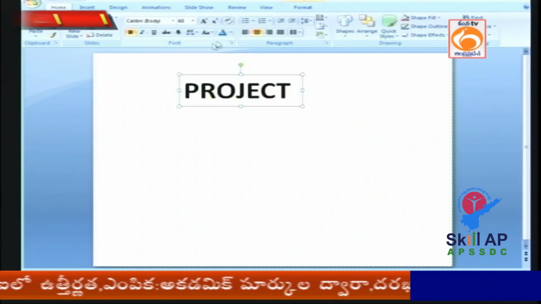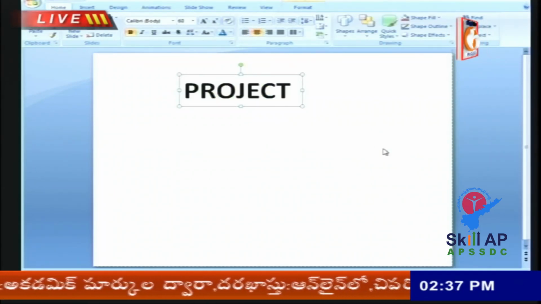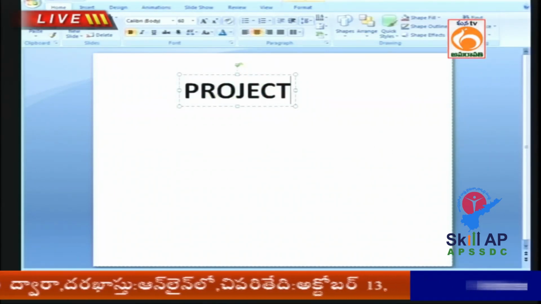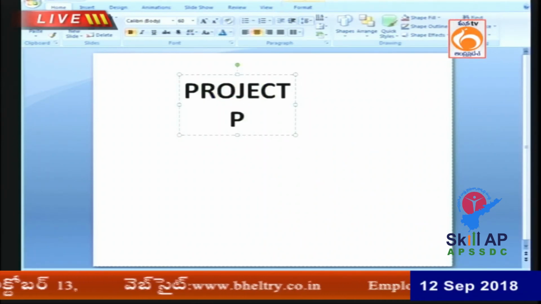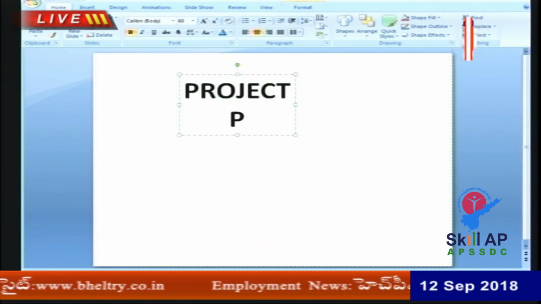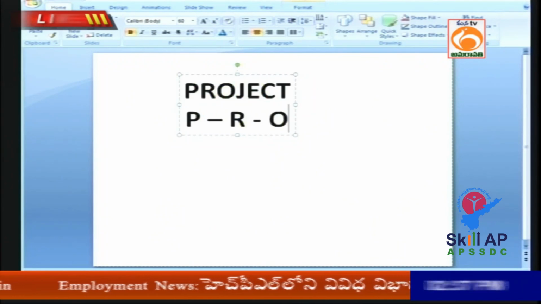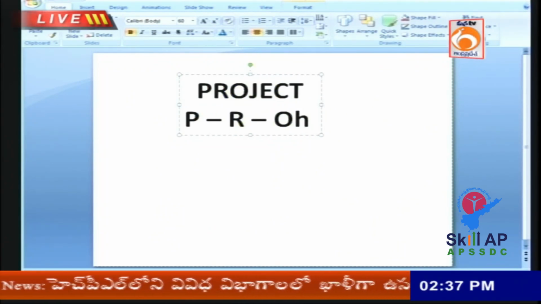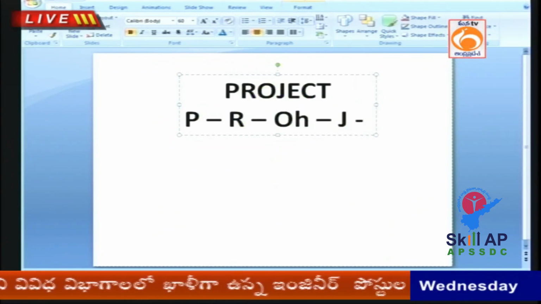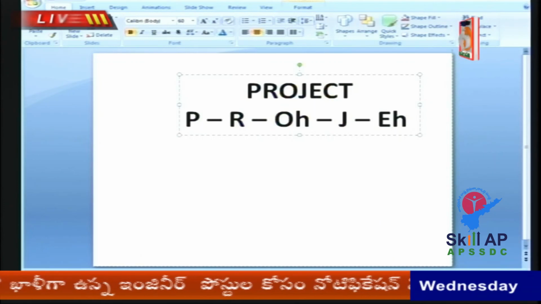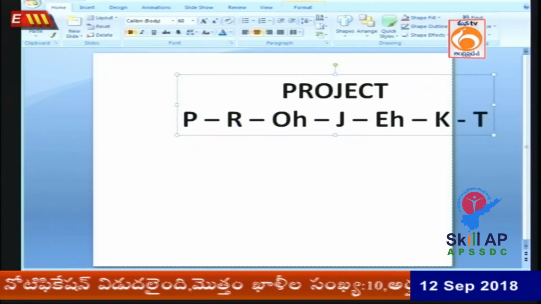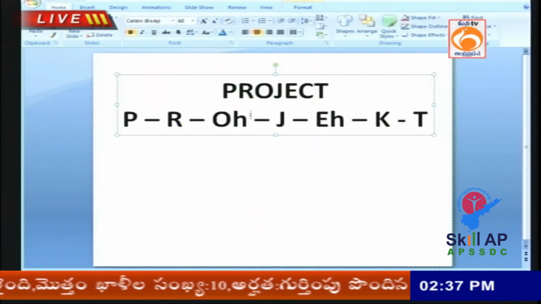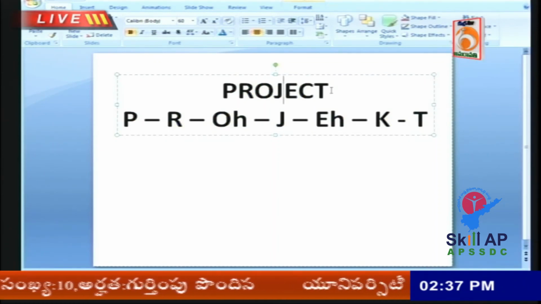This word can be pronounced in two ways. p, r, o, j, e, c, t. Let me break it into syllables.